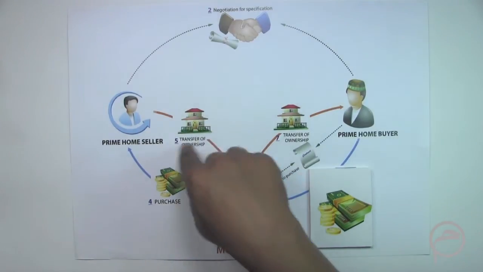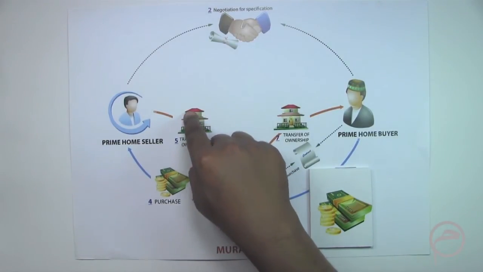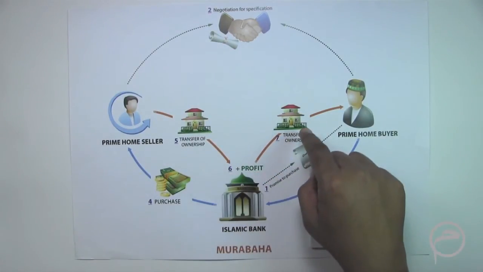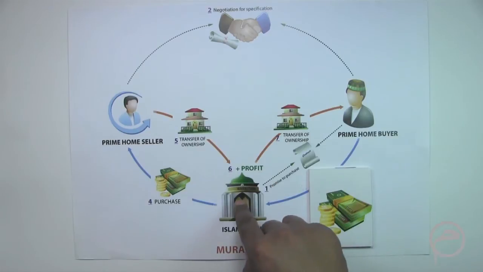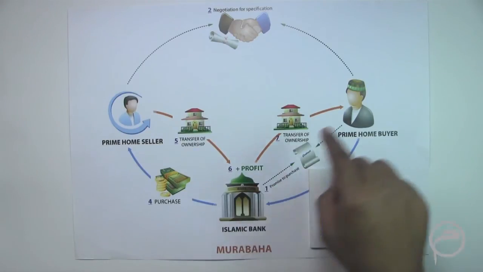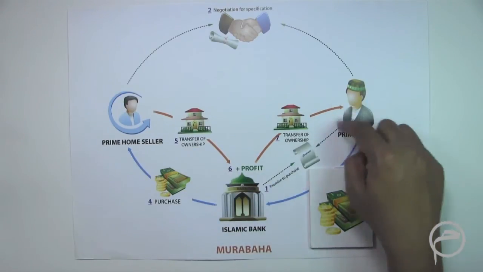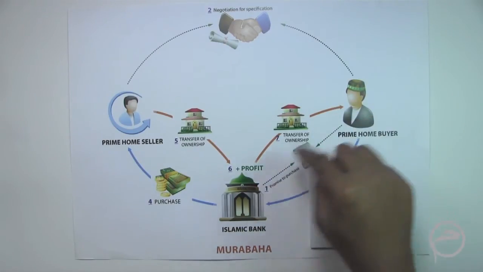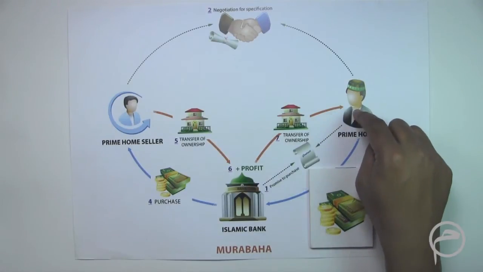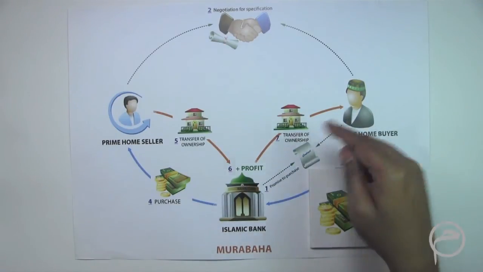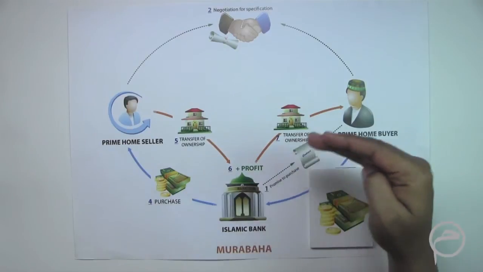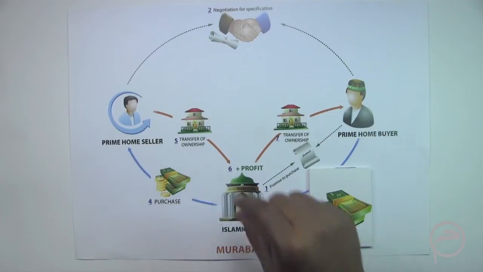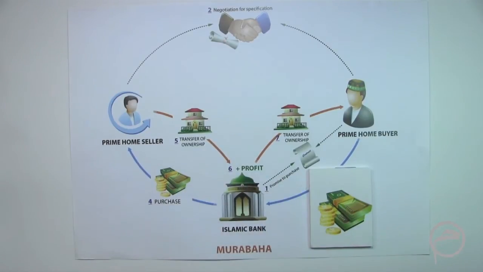For example, if the house was purchased for $100, the Islamic bank will add its profit margin of 5%, and it will sell the house for $105 to the customer. And this $105 needs to be paid by the customer over an agreed period of time, in an agreed number of installments. So the payment which the customer makes will involve the principal plus the profit portion.